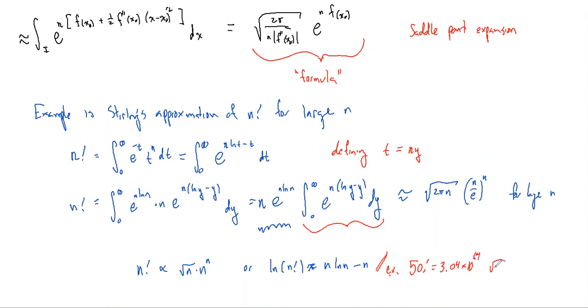And then if I were to use my approximation of 2 pi root n, so this saddle point approximation, n over e to the n, easier than recursively doing the 50, that is equal to 3.03 times 10 to the 64th. So 10 to the 64th is pretty big, and we're off by like 1/3 of 1%. So that's actually not bad, right?